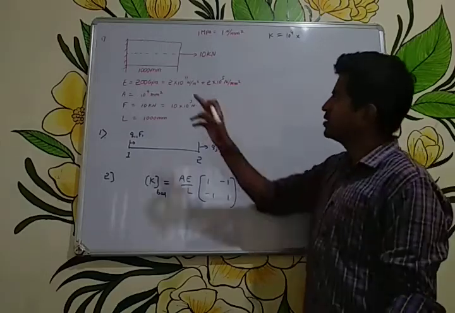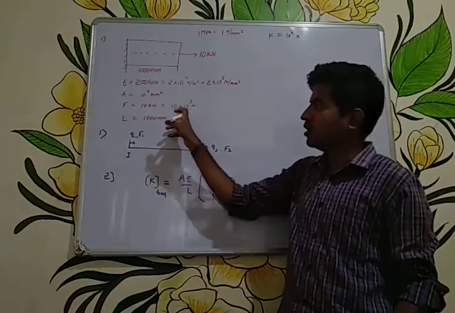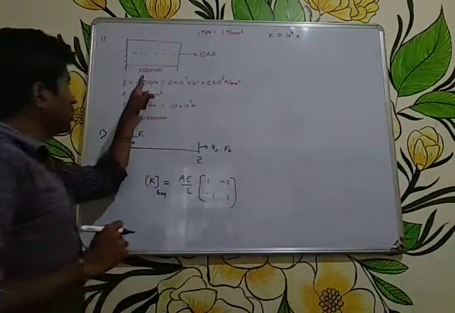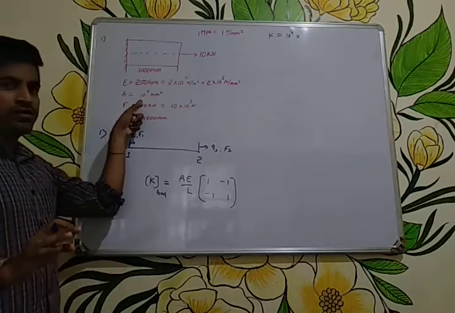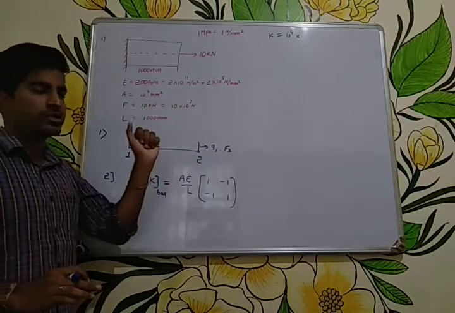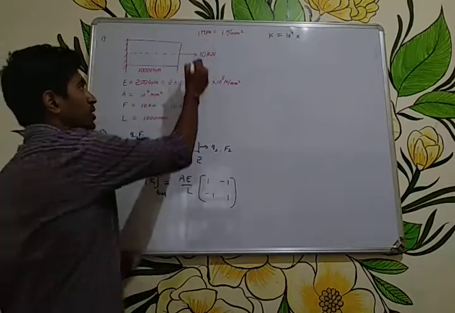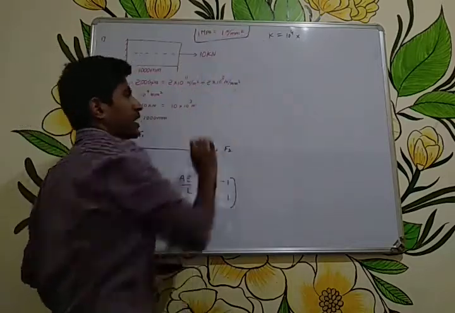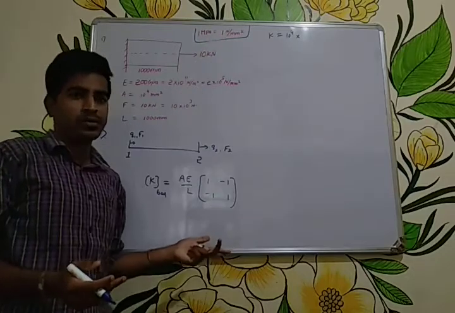Okay, so even though I have converted the force from kilonewton into newtons, the length is already given in mm, and area is also given in mm square. Better to convert Young's modulus also in terms of mm. This point you already know from mechanics of materials, that 1 megapascal is nothing but 1 newton per mm square.